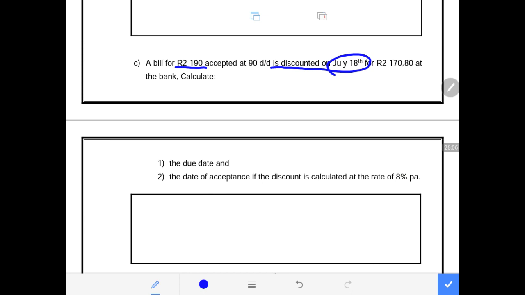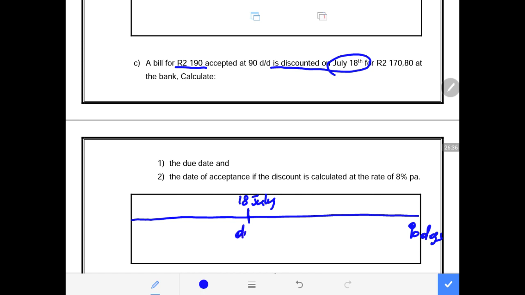Now, if the bill is discounted on the 18th of July, it means somewhere before the 90 days expired, the bill was discounted. This is the 18th of July where the bill was discounted.